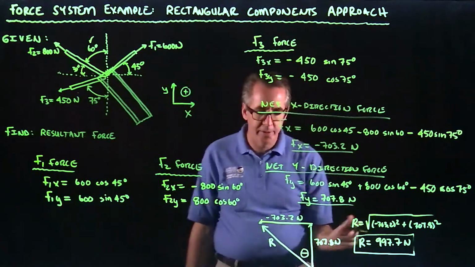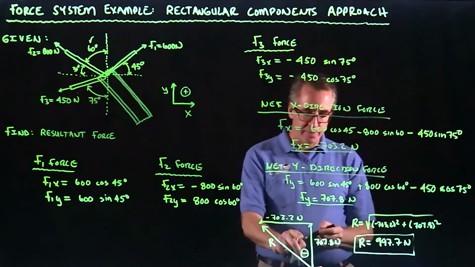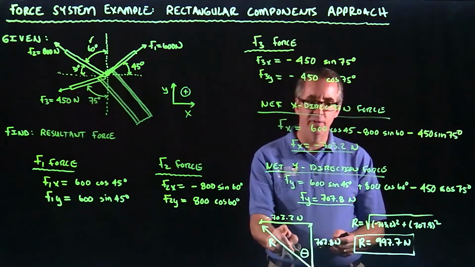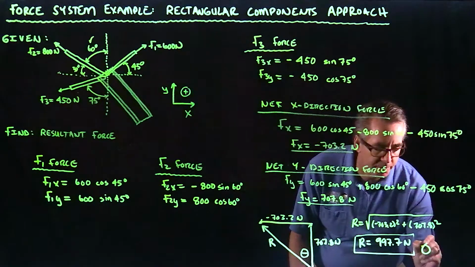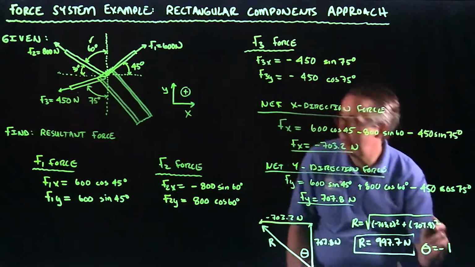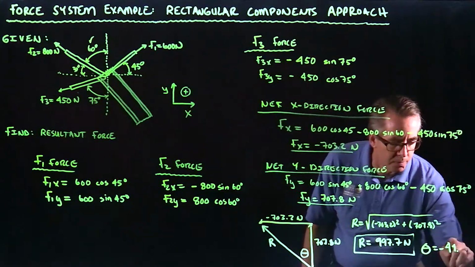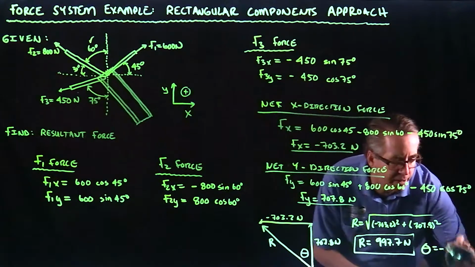I'm running out of space here, but if I want to do the angle, all I'm going to do is tangent of theta is the 703.2 divided by 707.8. Theta comes out to be minus 44.8 degrees. Oops, let me fix it. A little sloppy there. You guys won't be able to read that afterwards.